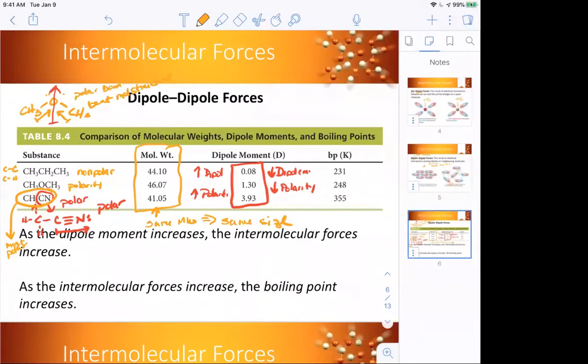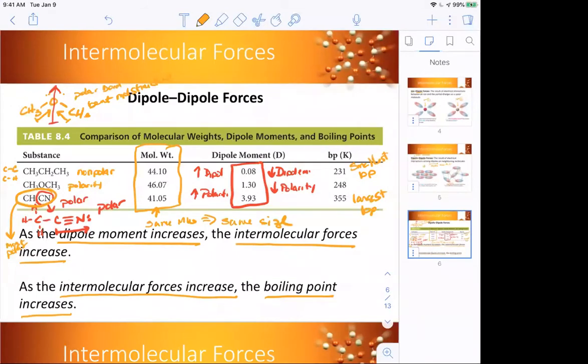Now, if you notice here, as the dipole moment increases, the intermolecular forces increase. The more polar I am, the stronger the dipole and the stronger the dipole-dipole interaction. As intermolecular forces increase, the boiling point increases. Notice that this is the largest boiling point and this is the smallest.